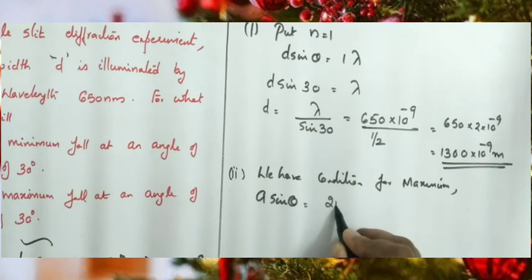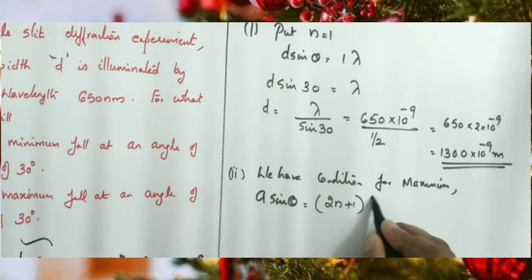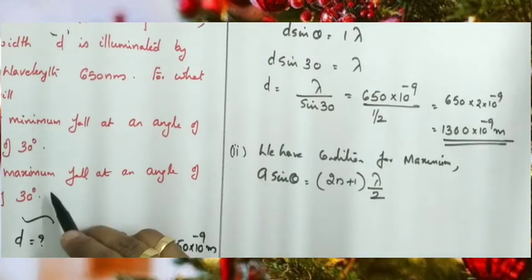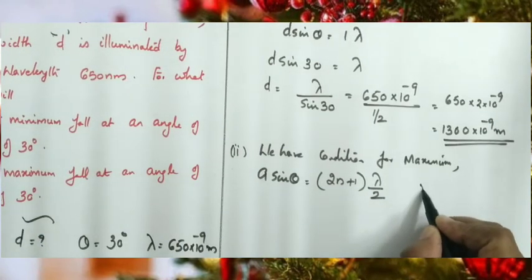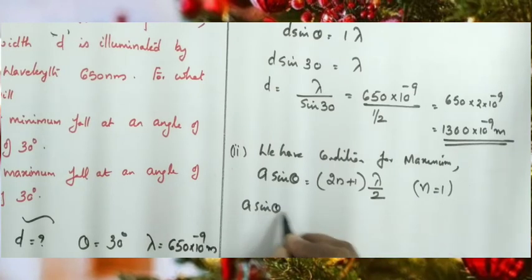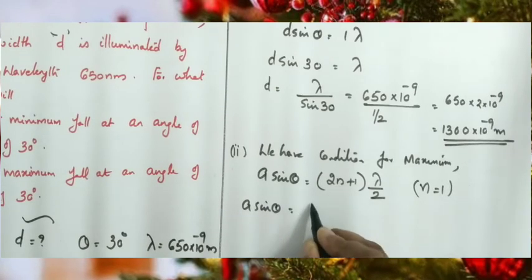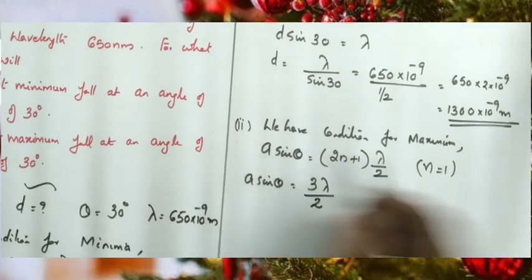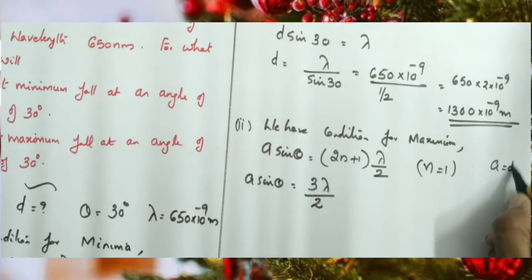A sin theta is (2n plus 1) into lambda by 2. That's the condition for maximum. Here also first maximum, therefore n is equal to 1. So here we can write A sin theta, put n equal to 1, that is 3 lambda by 2. Here again A is equal to D.